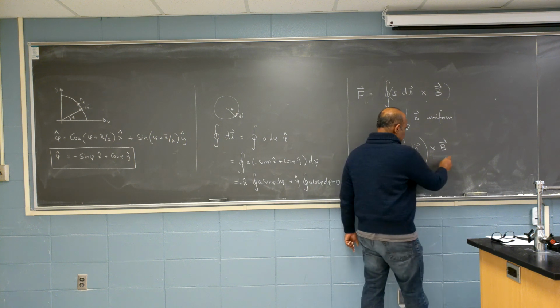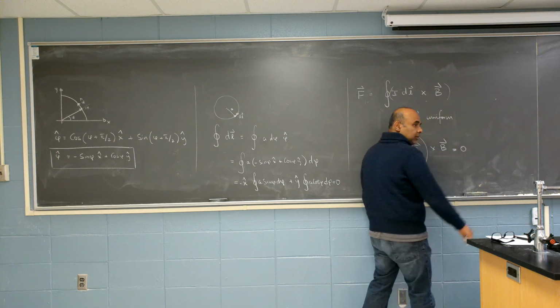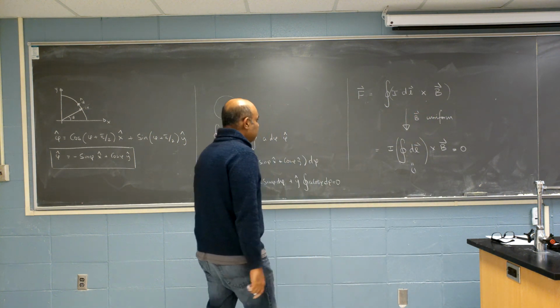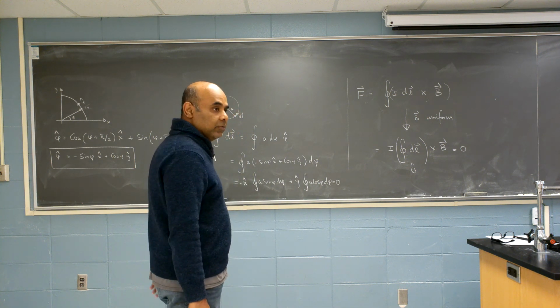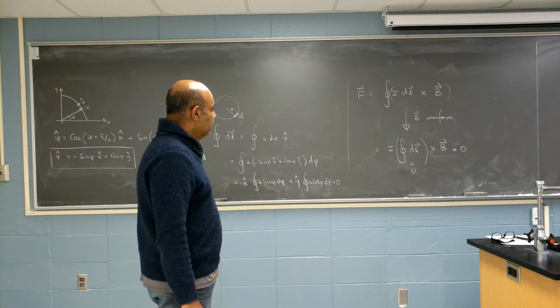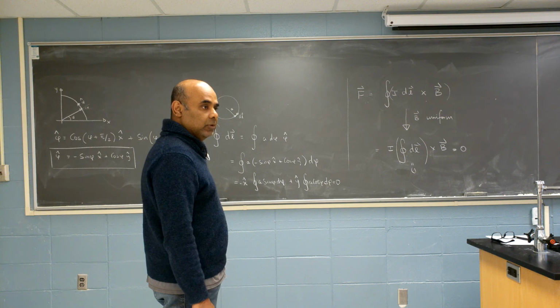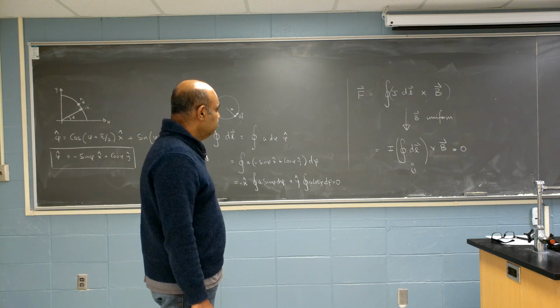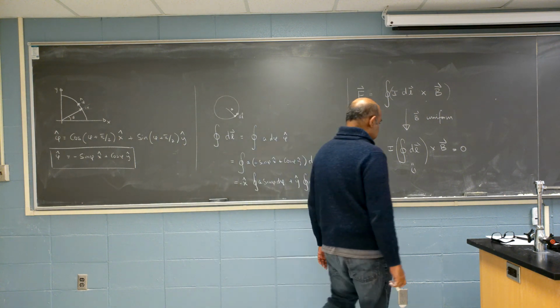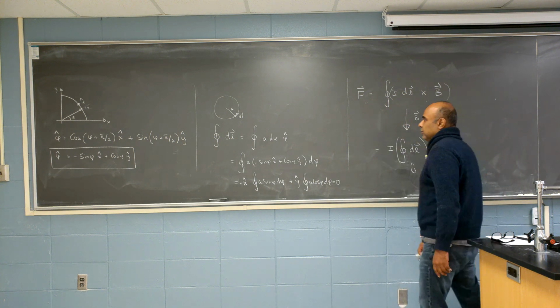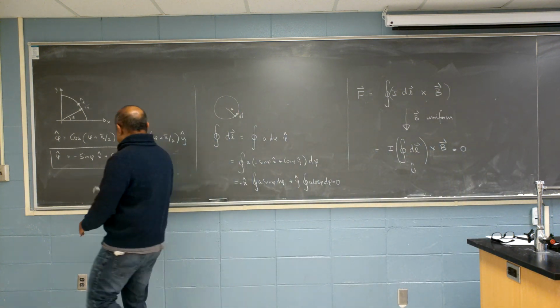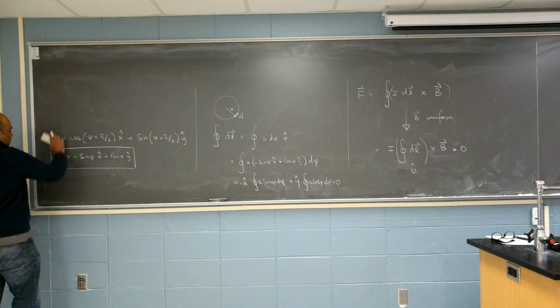This is 0. We've talked about this plenty of times. Just good old-fashioned recall. So if B is uniform, there's no net force. Okay. Now let's state the problem at hand.